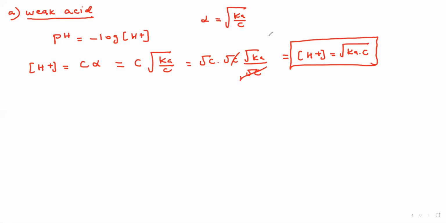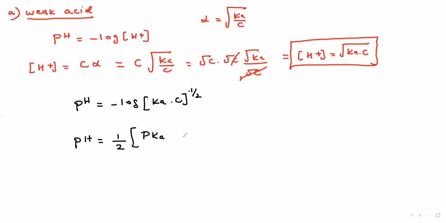For weak base it is Kb. Now substitute the value into the formula. The pH is equal to minus log of Ka into C to the power 1 by 2. If you do the calculation, the final formula, please note: pH is equal to 1 by 2 pKa minus log C. This is the formula to find the pH for a weak acid.